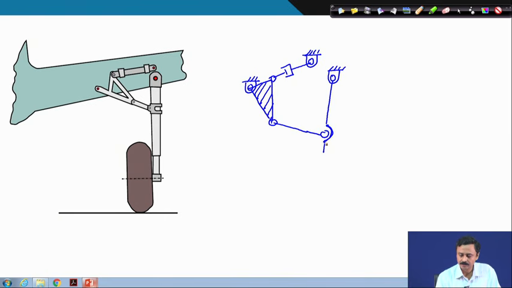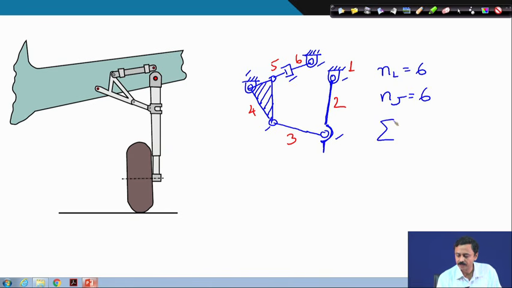And this is the wheel. Let me count the number of links. Ground is 1, 2, 3, 4, 5, 6. So, number of links is 6, number of joints is 1, 2, 3, 4, 5, 6, and summation of degree of freedom of these kinematic pairs, they are all revolute or prismatic, therefore, it is 6.